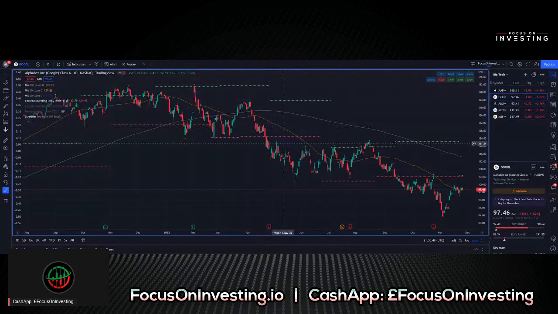Price then trades below these moving averages. So since the 6th of April, we can see price is very bearish, and that's not completely bearish because we're still trading relatively above the 50 simple moving average at points, but generally the overall price is below our moving averages.